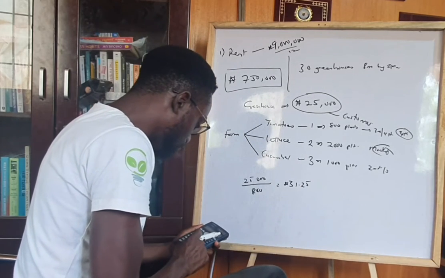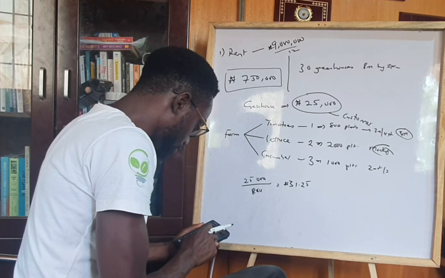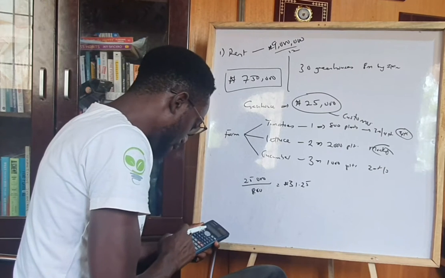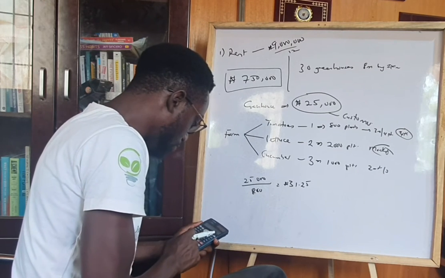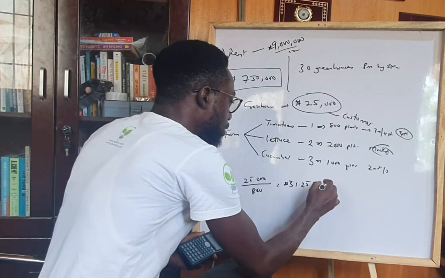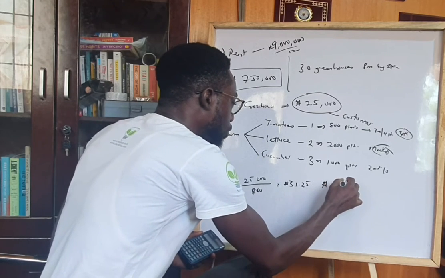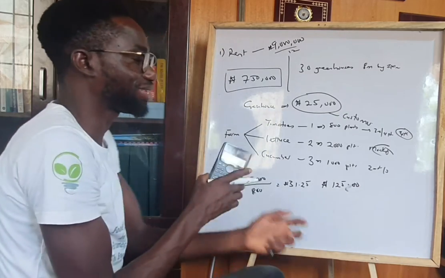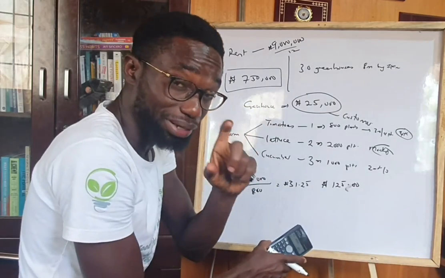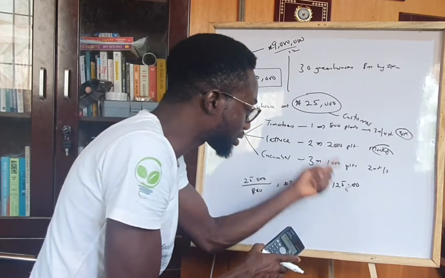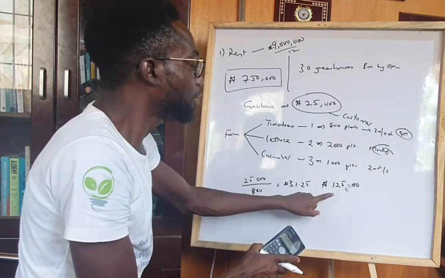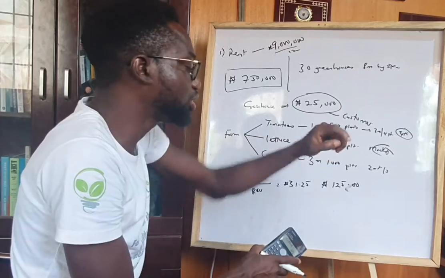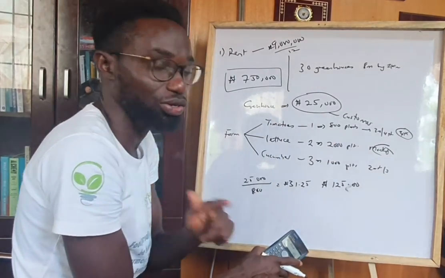If it spends 4 months, 31 naira 25 kobo times 4 months means my rent alone on this plant is 125 naira. I am not talking about the yield yet, because when I know the yield, it will reduce how much I'm actually paying on rent.